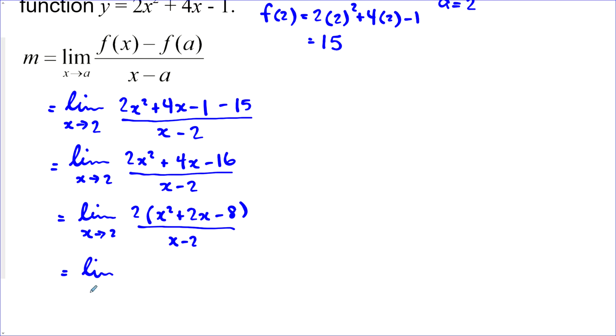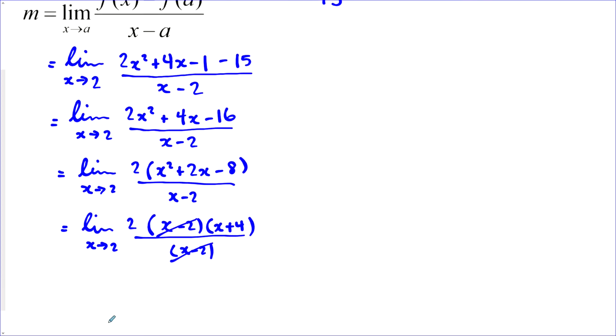Notice I'm writing limit every time. So we've got, looks like x minus 2, x plus 4. And that's good because we have an x minus 2 in the denominator, so now we can get rid of that. Now we don't have a denominator, so it's safe to let x approach 2. And it looks like 2 times 6 is 12. So the slope of the tangent is 12.